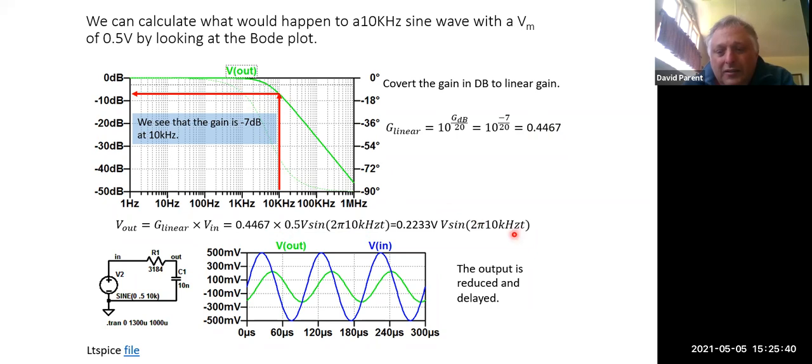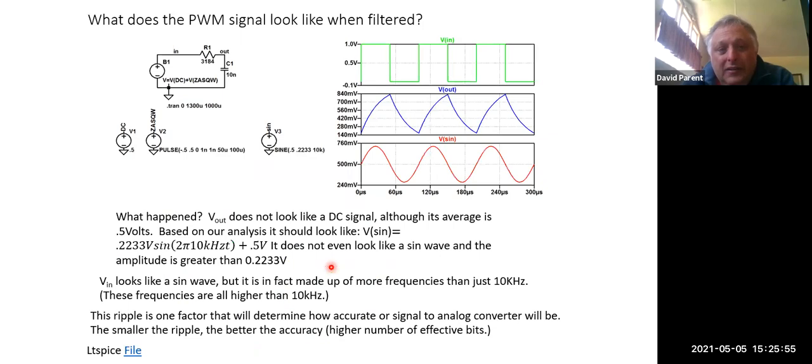You can see that V in is higher and V out is lower, and it's delayed. So I didn't put in the phase, but in some ways, phase is a matter of what you're looking at. All right. So now let's look at this pulse width modulated signal when it's filtered.